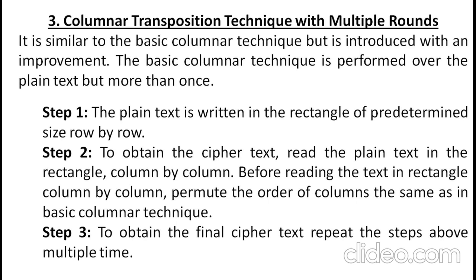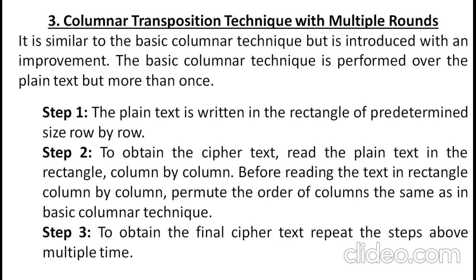In step 1, the plain text is written in a rectangle of predetermined size, row by row, and thereafter to obtain the ciphertext, read the plain text in the rectangle column by column. Before reading the text column by column, permute the order of columns the same as in the basic columnar technique.